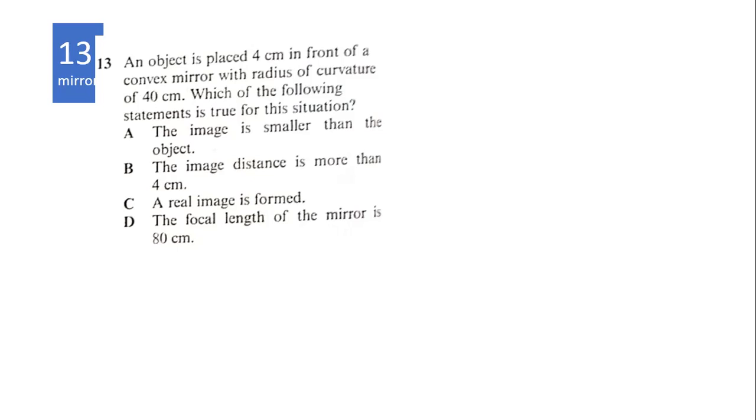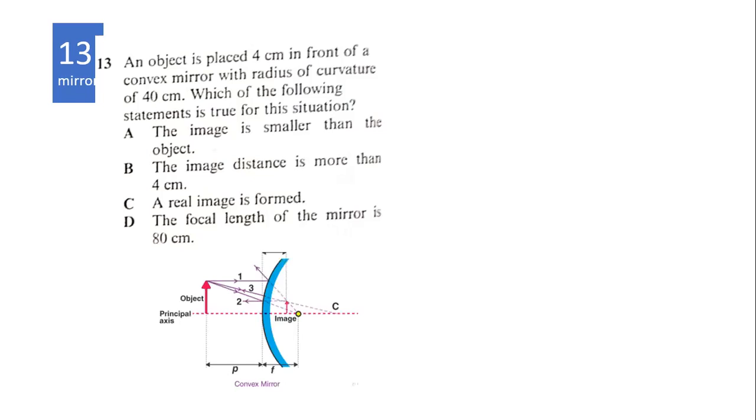When it's a convex mirror, your answer must be virtual. Right? Virtual, but always smaller. Just remember your convex mirror. Right? Image is always smaller, no matter where it is, always smaller.